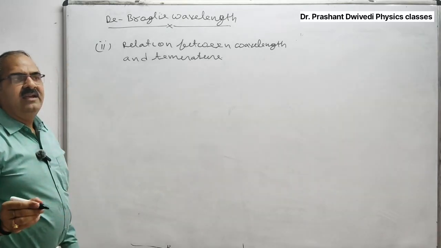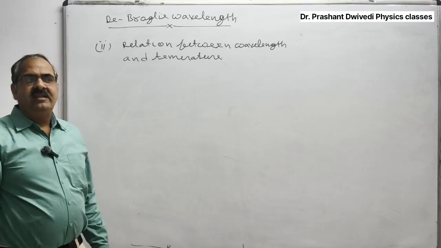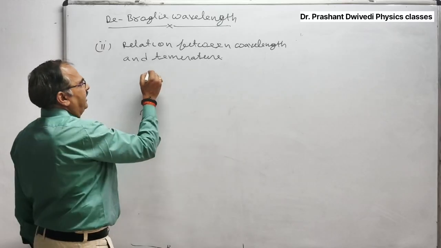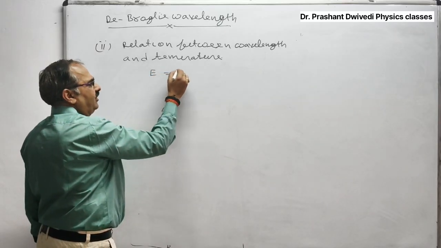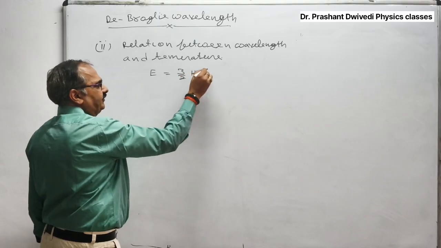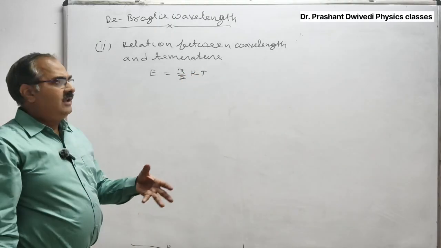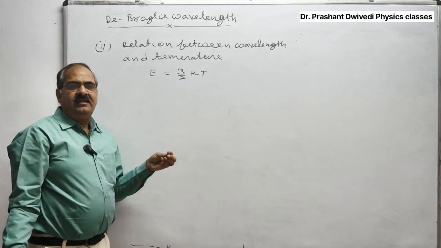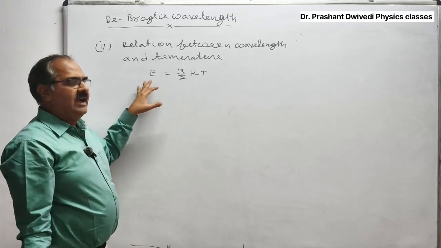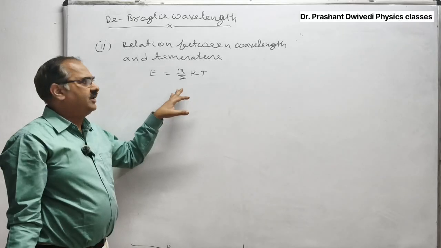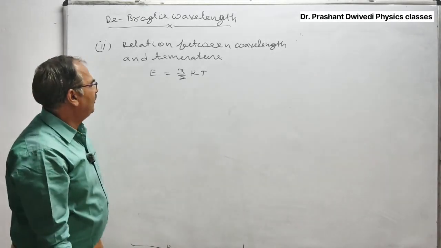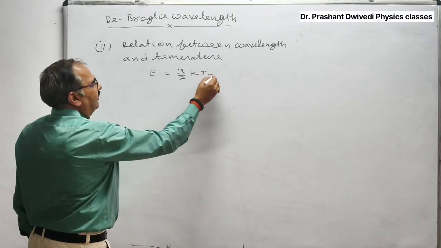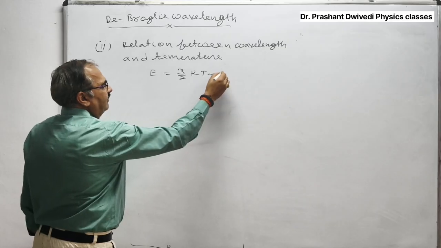When a particle is in thermal equilibrium, then the kinetic energy of the particle E is equal to 3 upon 2 kT. Equation number 6.